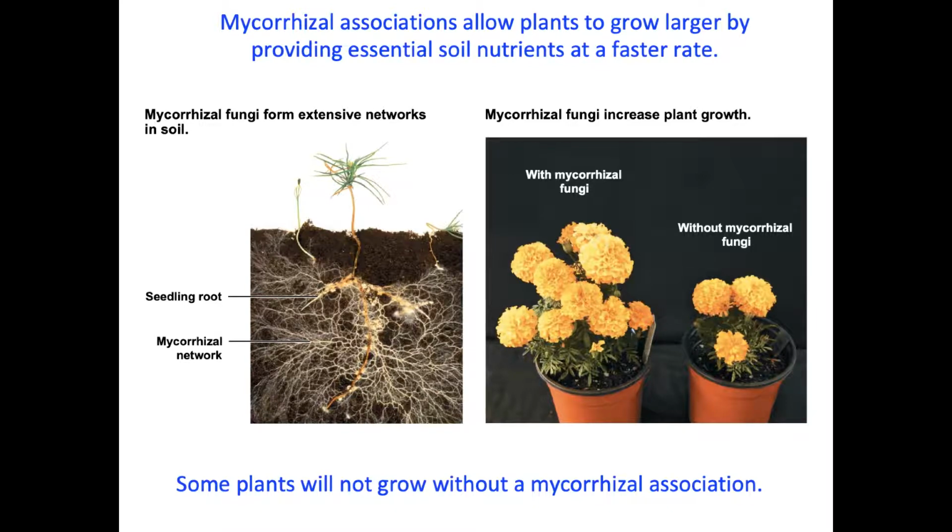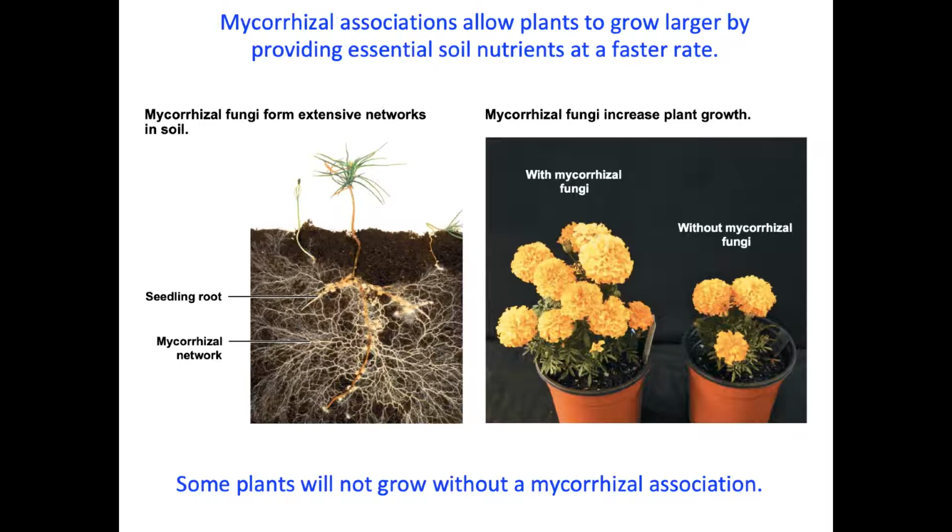Mycorrhizal associations allow a plant to grow faster and larger, providing essential nutrients at a faster rate, simply because the nutrient zones surrounding a root are very quickly depleted. In classic studies, we see that plants grown with mycorrhizal fungi versus without mycorrhizal fungi are quite different in size.